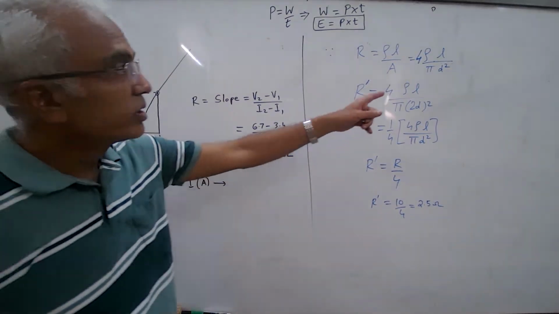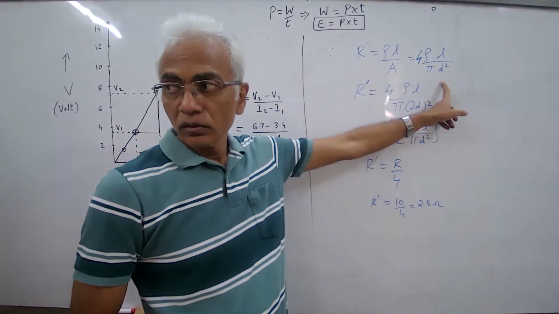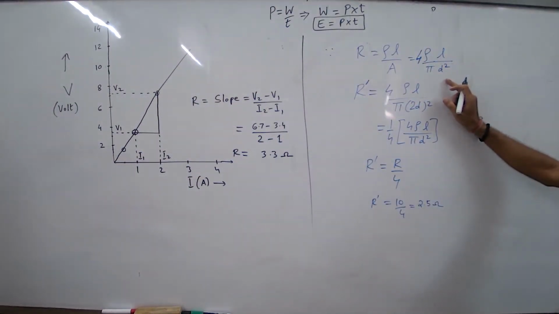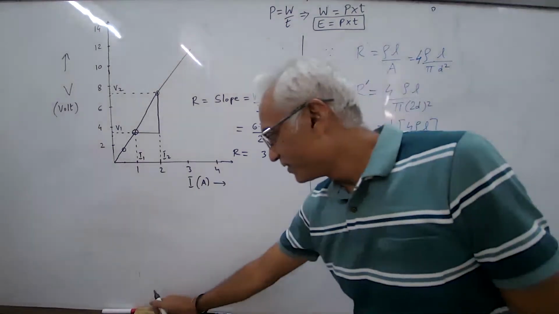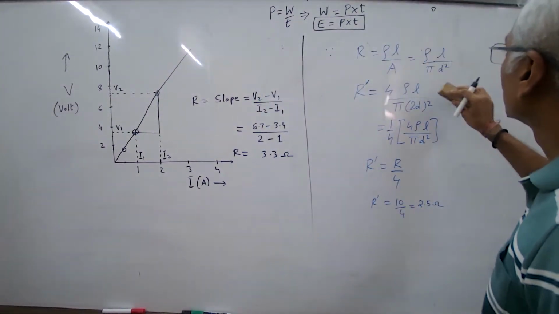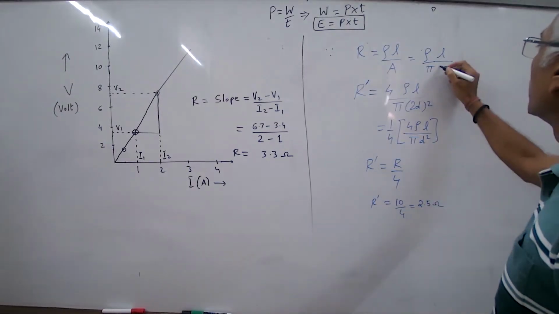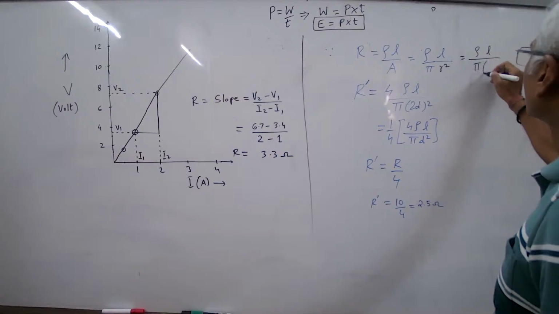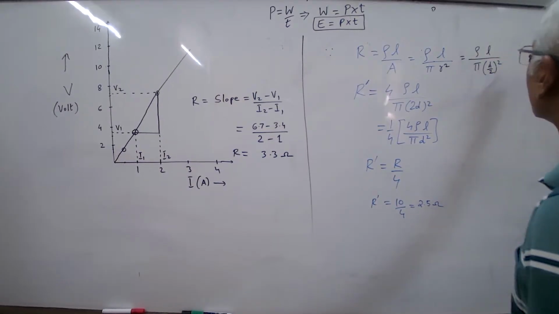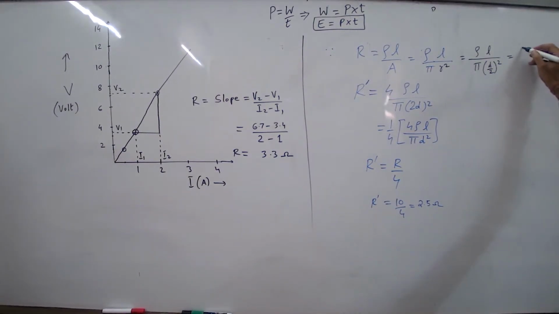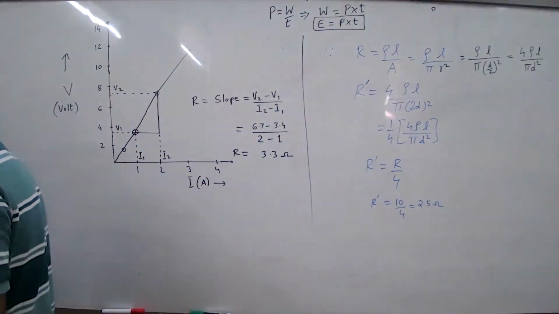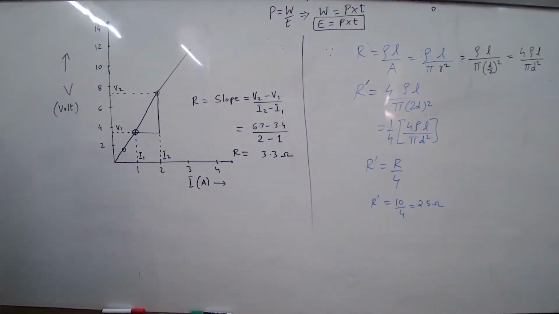What is area? Pi r square. Yes. And what is r? Half of diameter. Oh okay, I got it. Let me write one more step. Pi r square. And this 2 square will become 4. The question does not give the radius, it gives the diameter in meters.